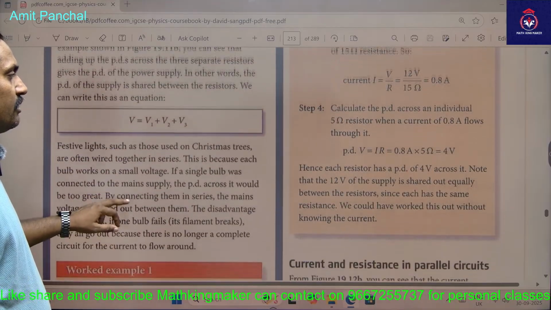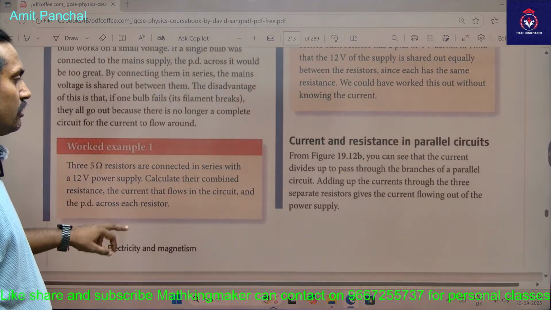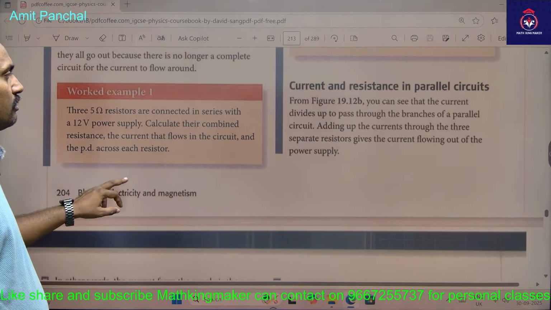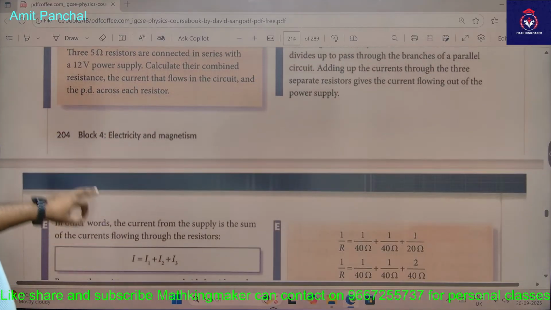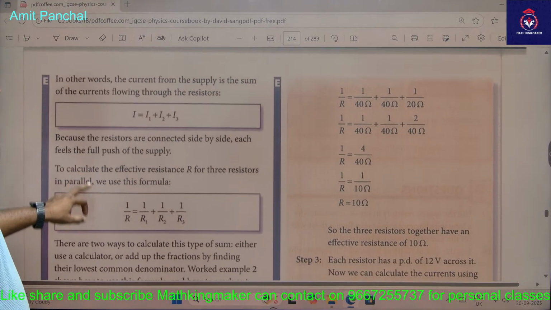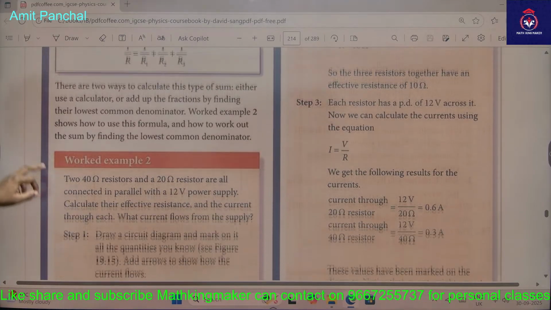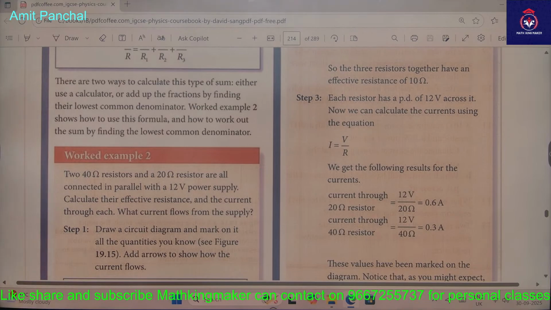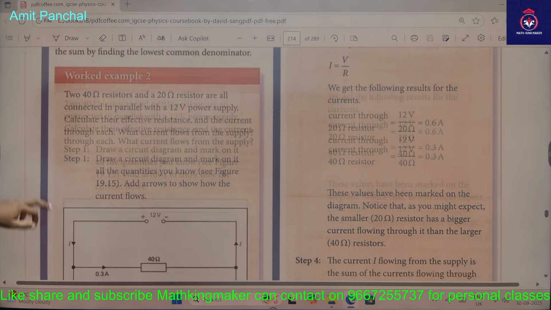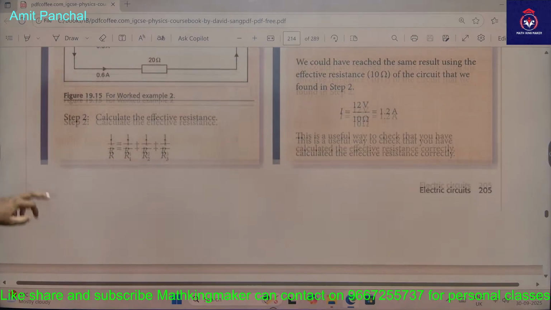Find the current and then the PD across each. Similarly, you can find the current and resistance in parallel combinations. So these are worked examples. Example 2 is the homework. Write it in your notebook.